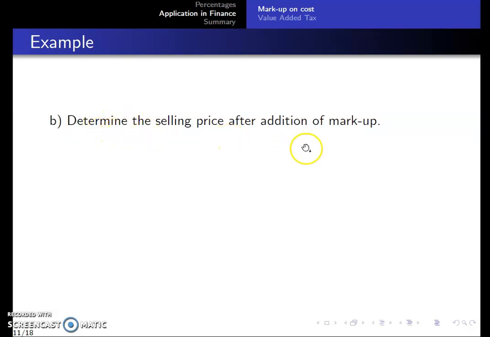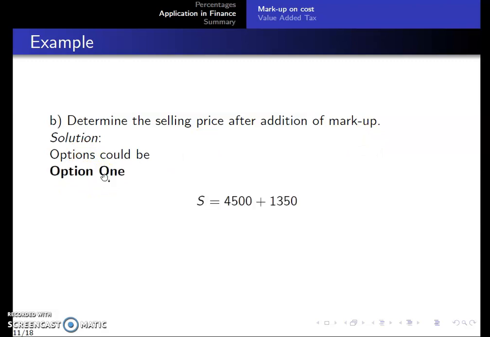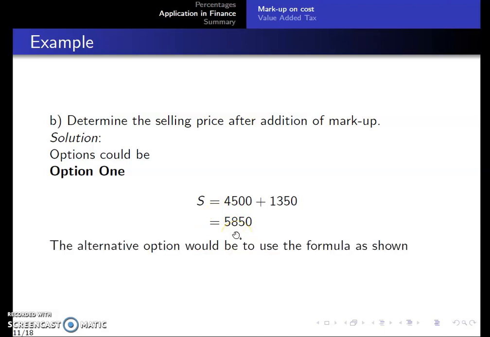Now, to determine the selling price after addition of markup, we've got two options. You can use the first option, which is to calculate the markup amount first and then add it later, which will give you 5,850.